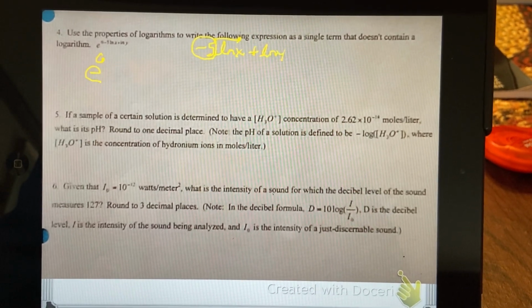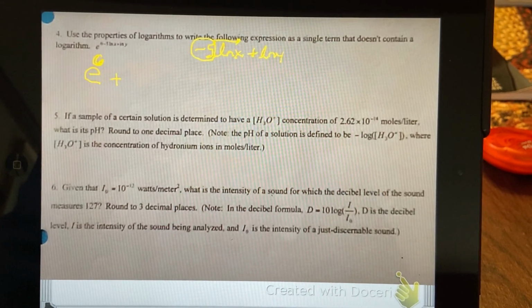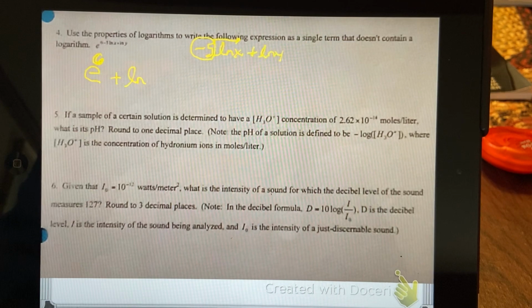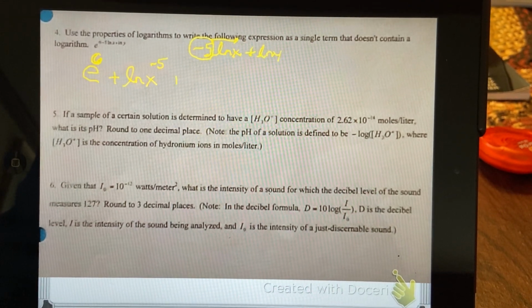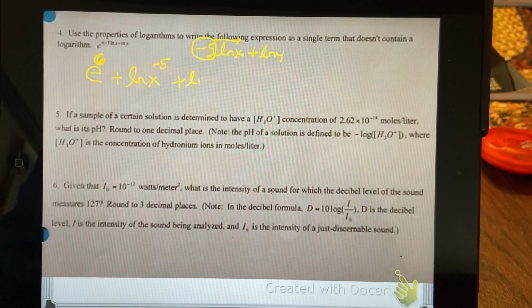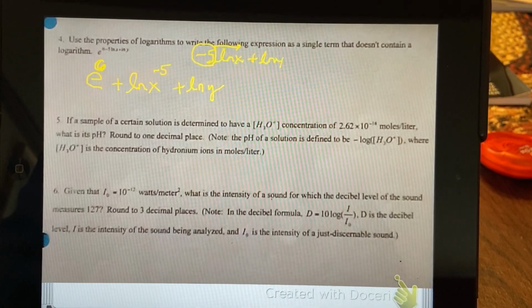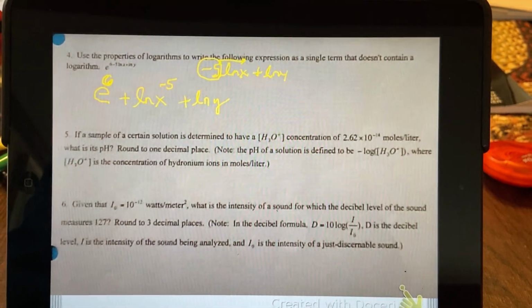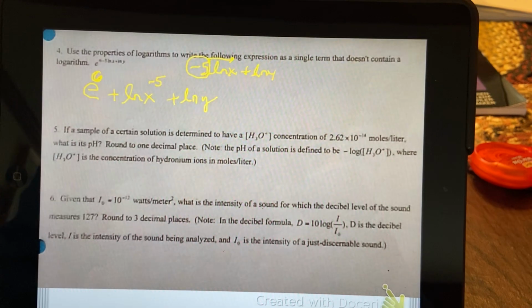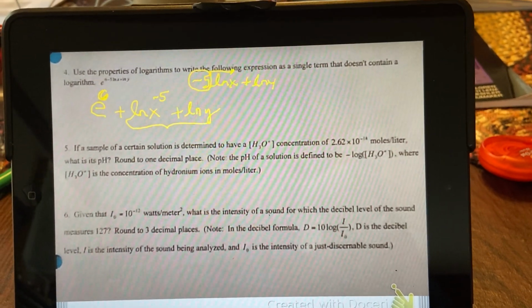So this is really e to the 6th plus ln x to the -5 plus, and then copying down the rest, ln of y. Now, when I get to this next step, I'm going to combine these 2 guys right here.